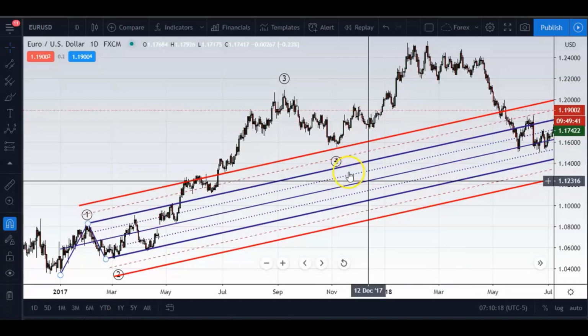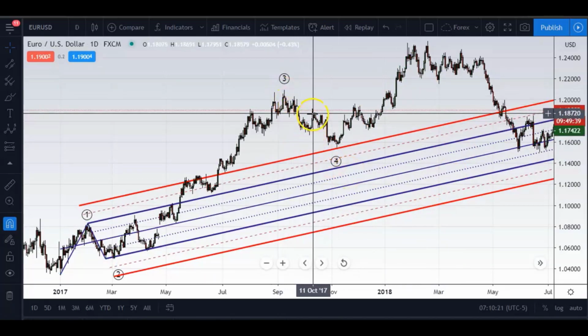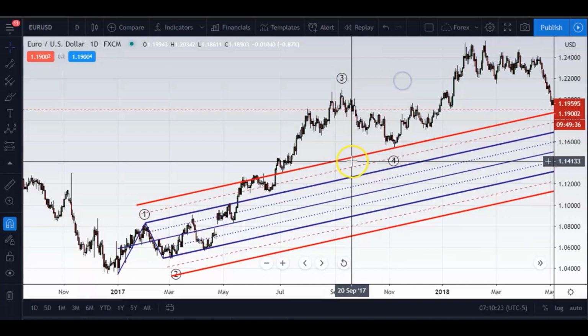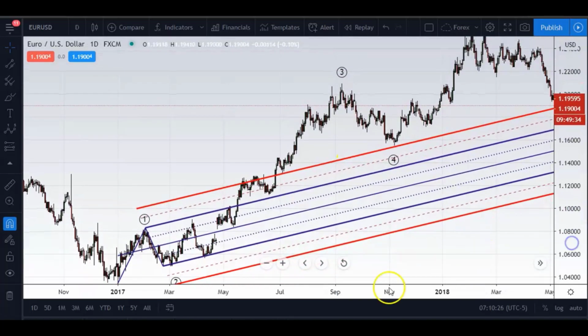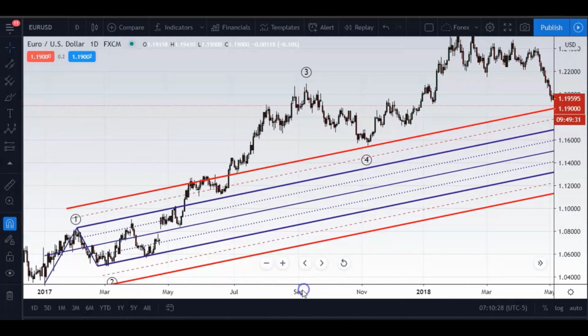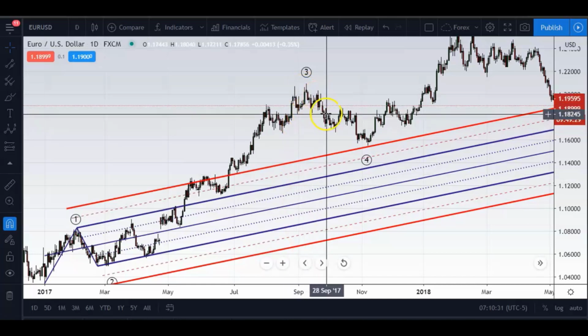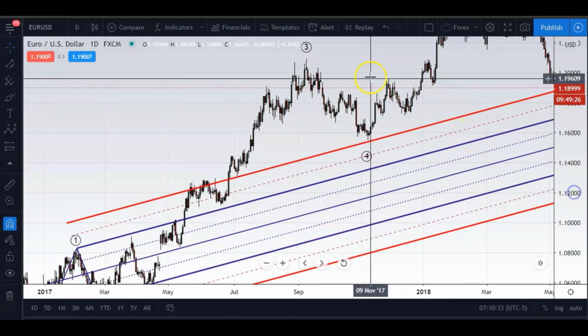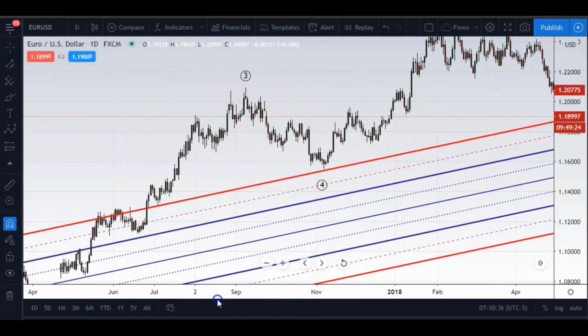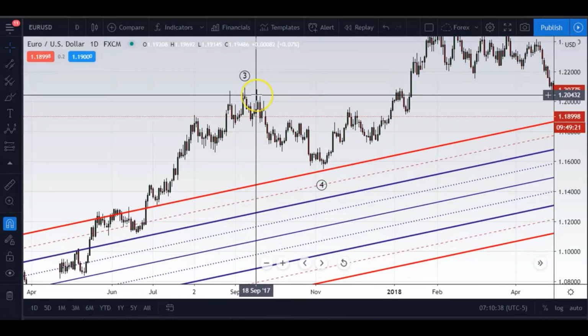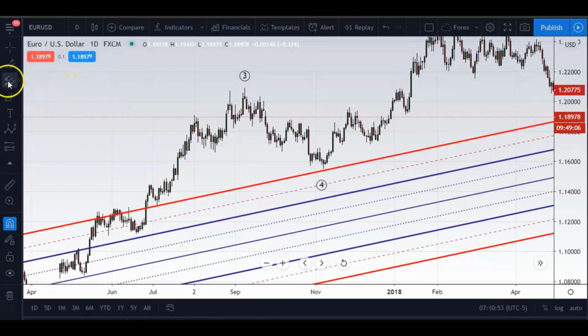This is where I tend to start looking at corrections and focus more on corrections than I would on trends, because what I like to do typically is wait for a correction and then use my market geometry, in combination with Elliott wave, which is a completely different subject for another video. Then I'll try to identify what correction I'm working with or might be seeing on the chart, and figure out where such a correction might end.